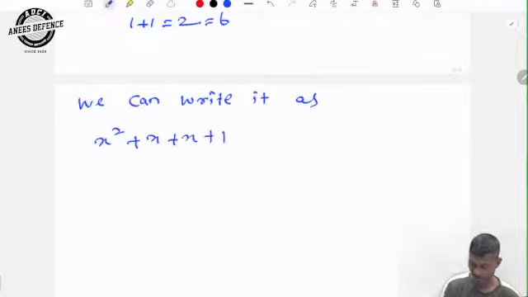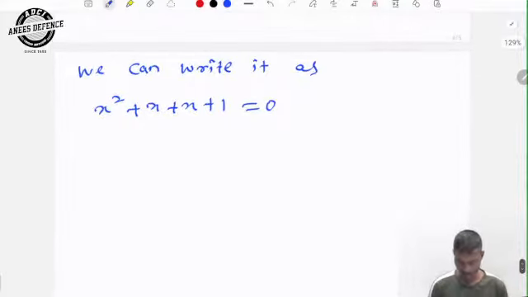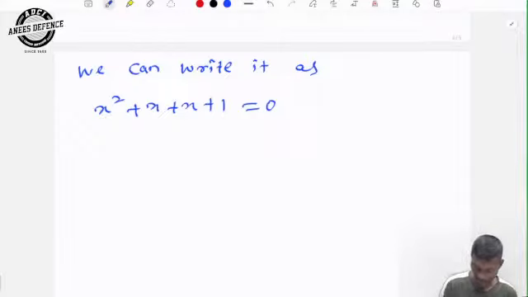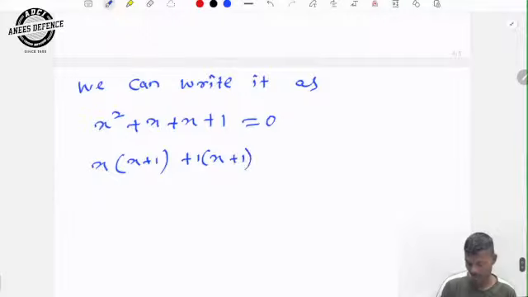plus x plus x plus 1 is equal to 0. From here, we will take x as common, so x plus 1, and here we will take 1 common, x plus 1 equal to 0.